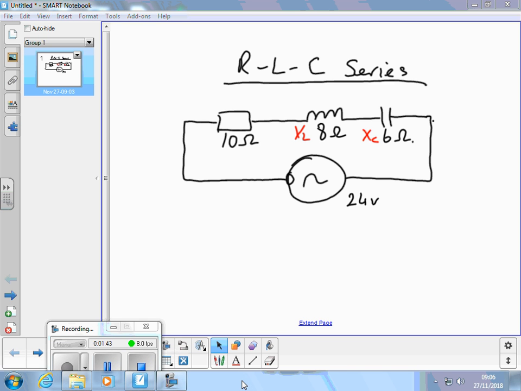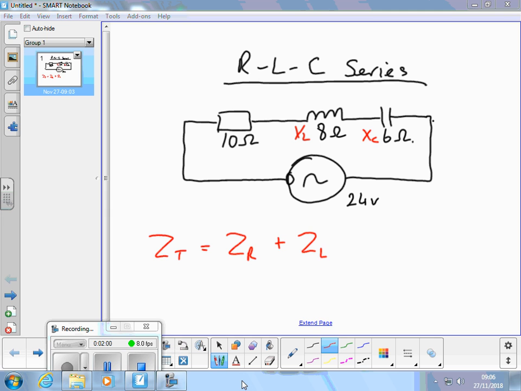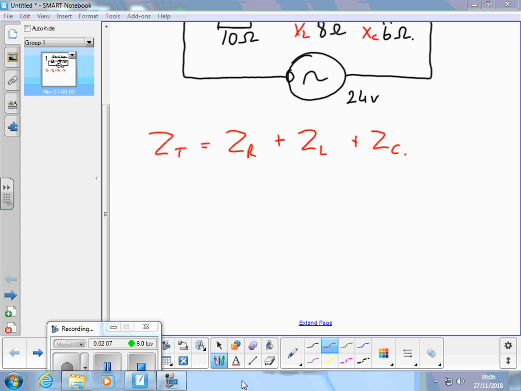So you could say that the total impedance for this circuit is equal to the impedance of the resistor, ZR, plus the impedance of the inductor, ZL, plus the impedance of the capacitor, ZC, which we could write out as R, the resistance, plus XL j, because for an inductor the angle associated with the impedance is plus 90 degrees, minus XC j.